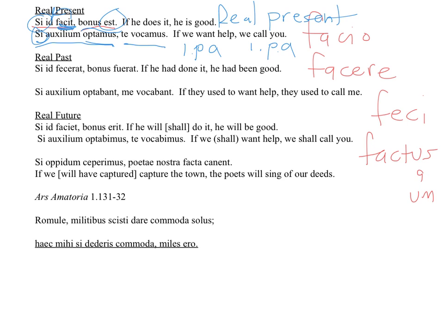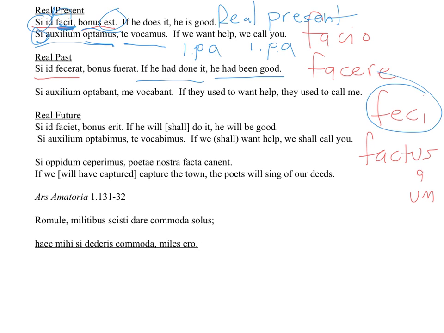Next example, real past condition. Si id fecerat, now we've used the third principal part. Si id fecerat bonus fuerat. If he had done it, he had been good. Here I give you an example where you have a past tense followed by a past tense.